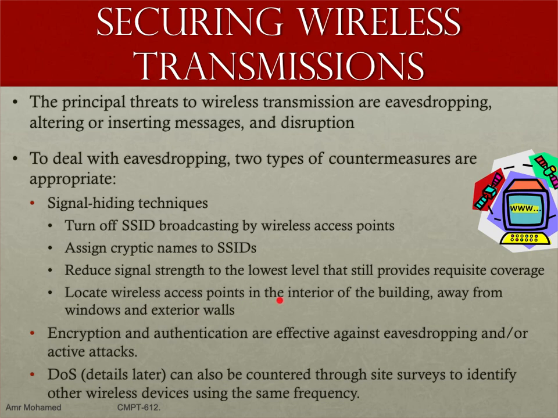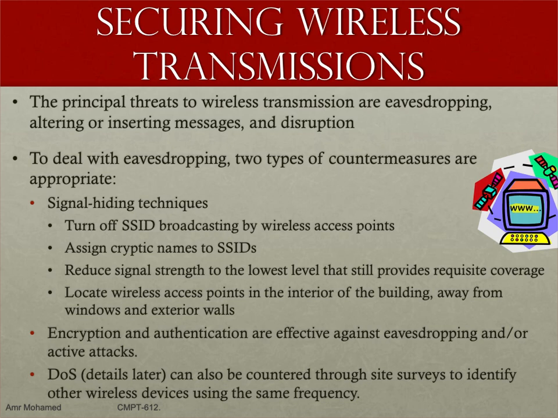Locate the wireless access points in the interior of the building, away from the windows. What that means is that access points close to the perimeter or boundary of the network create extra threat. Let's say you have an access point close to the exit of QU. This provides wireless access at the boundary of the university.